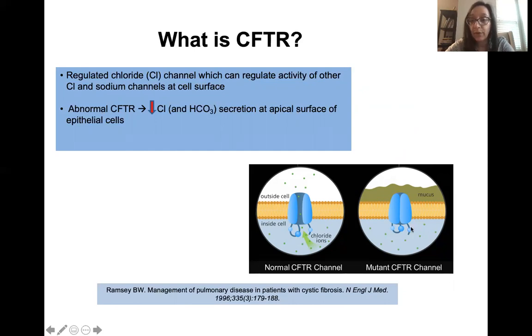Whereas if you have a mutant CFTR, on the right, you will see that gate is completely closed and therefore no ions are being transported. This leads to accumulation of thick mucus in different epithelial organs.